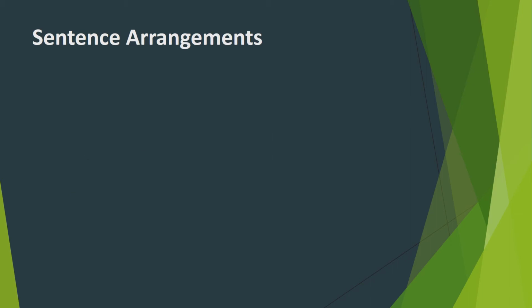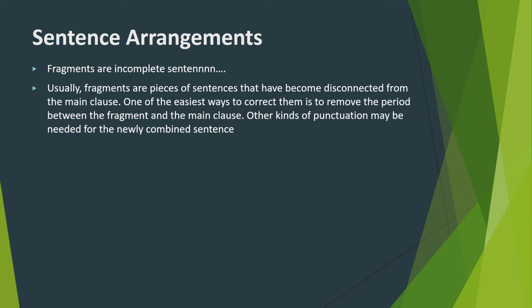Sentence arrangements. I remember I mentioned this in class last week, but this is once again very important to keep in mind when working with grammar and preparing reports. Fragments are incomplete sentences. Doesn't sound right. That's just an example. Usually, fragments are pieces of sentences that have become disconnected from the main clause.